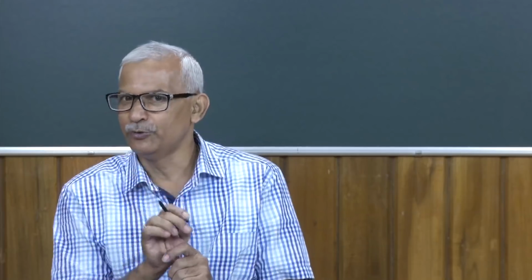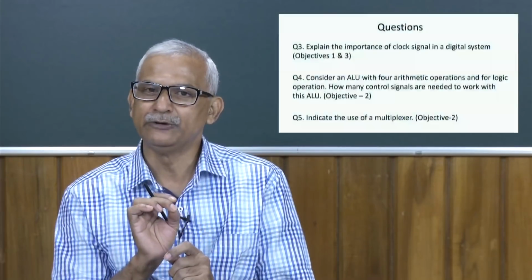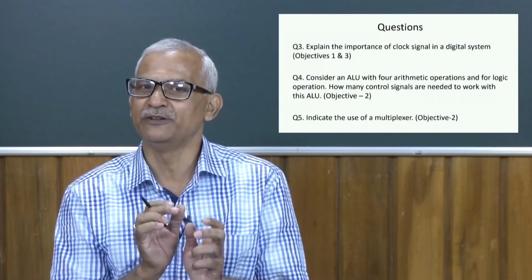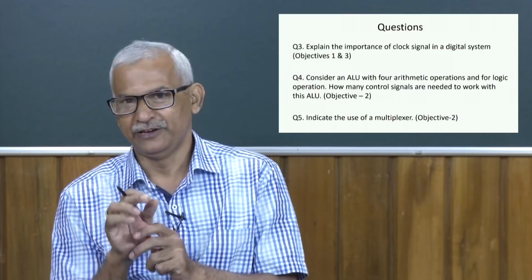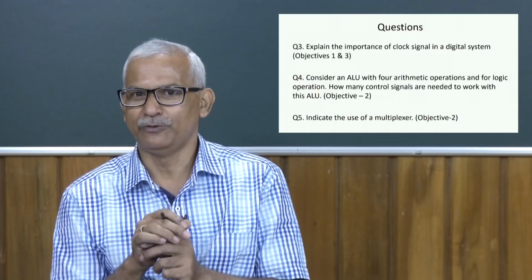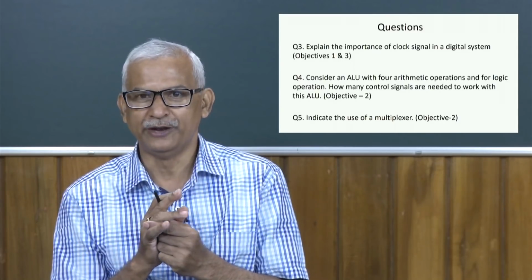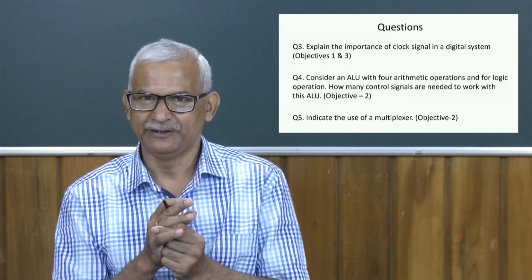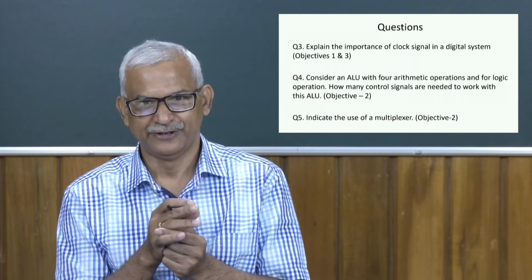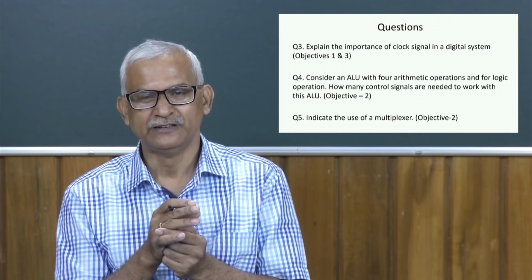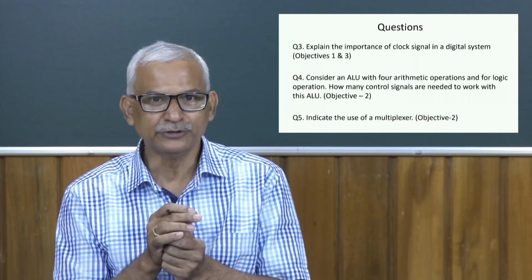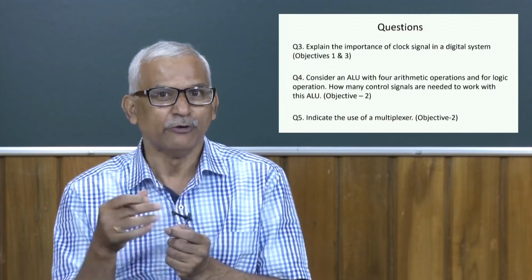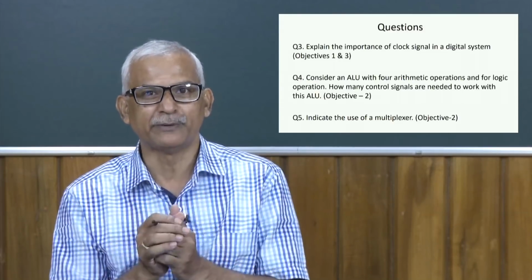Now, you just think where you are going to use a multiplexer, where we have several inputs and we select one of them. I think already in our lecture we have used a multiplexer somewhere, do you remember? While designing our universal register, I think we used a multiplexer. Now, you look for some other example where a multiplexer will be used.